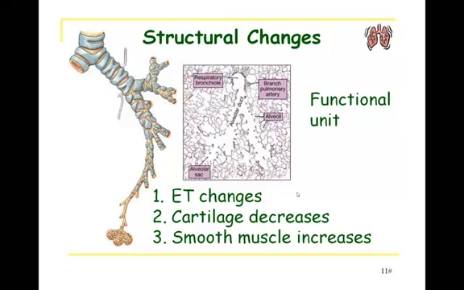Most of the tracheobronchial tree is composed of PCCE, but as it goes to the terminal bronchioles, it'll start transitioning to more simple columnar or even simple cuboidal epithelium. When you get to the alveoli, this one's real important to know, the epithelium is simple squamous.